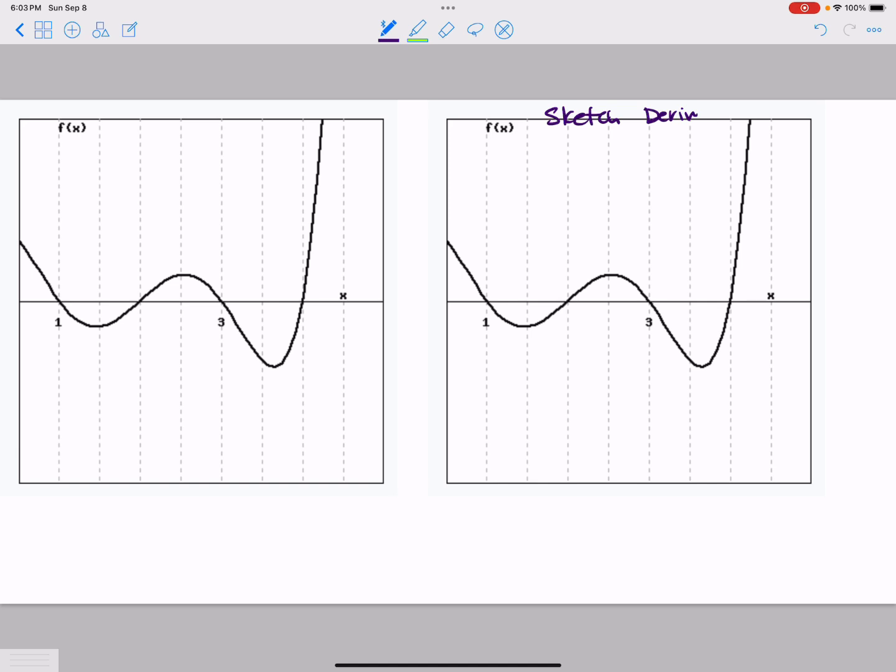So first thing I want to do is think about where the derivative is 0, and 0 would mean where it has horizontal tangent lines. So at those three values, right here, here, and here, the derivative will cross the x-axis. So I will go through this point, this point, this point.